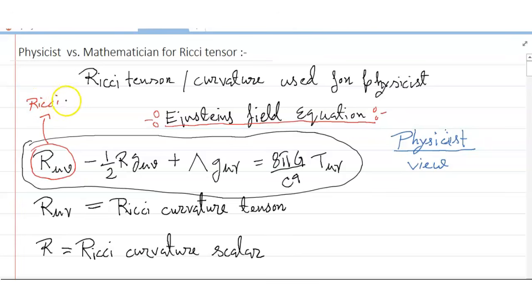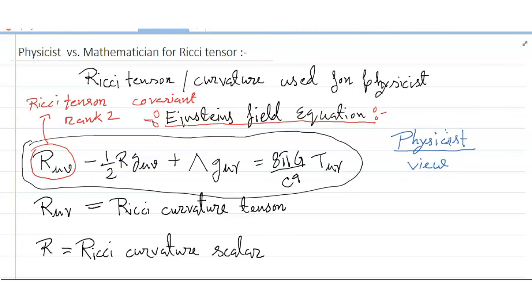Its rank is 2, and it is a covariant tensor. So friends, we see the physics view and also the mathematics view in the Ricci tensors.